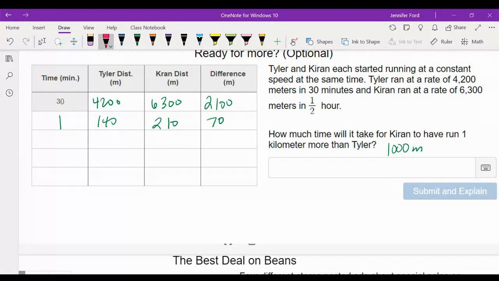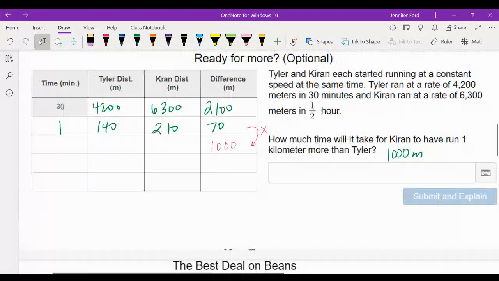So here what I'm going to do, 70 times what number gives me 1,000? That's the same thing as doing 1,000 divided by 70. I'm going to use my calculator.